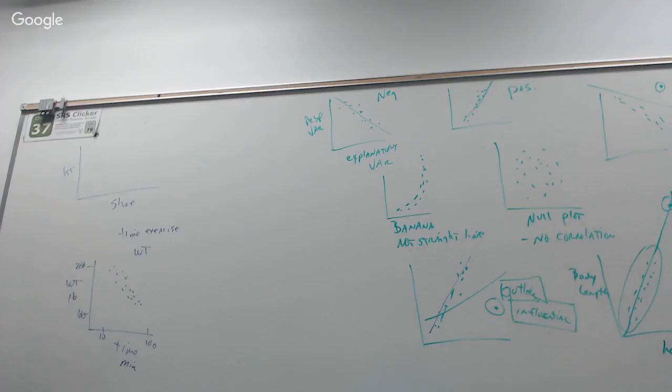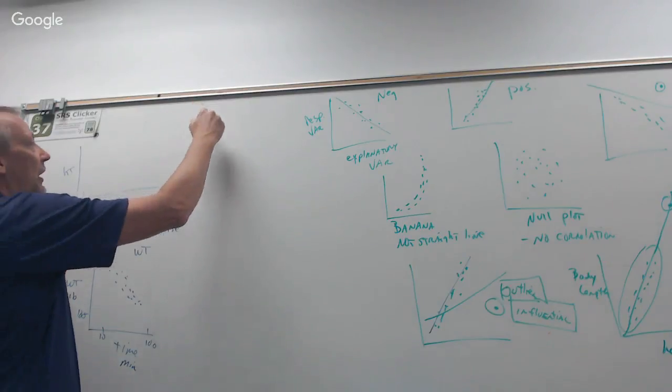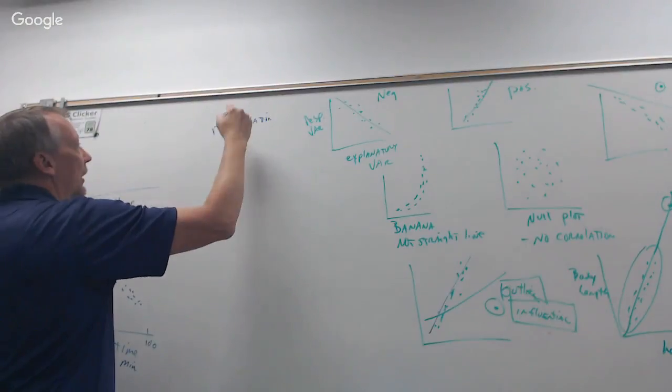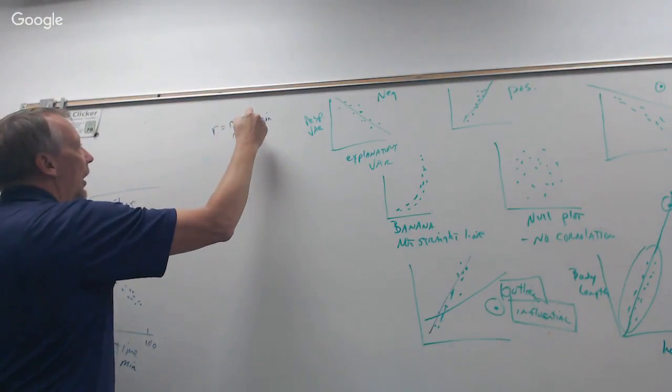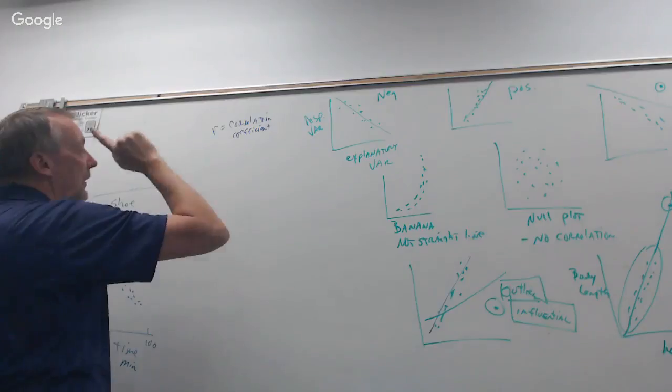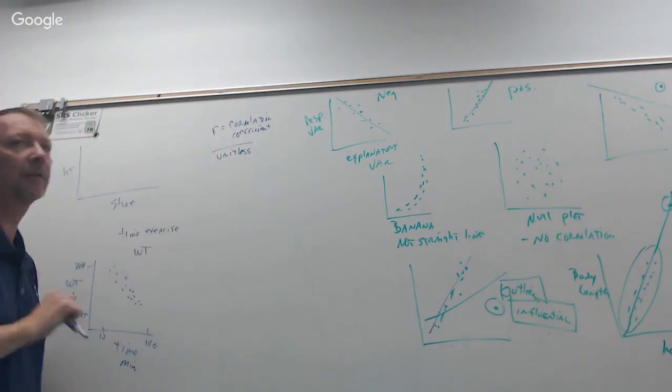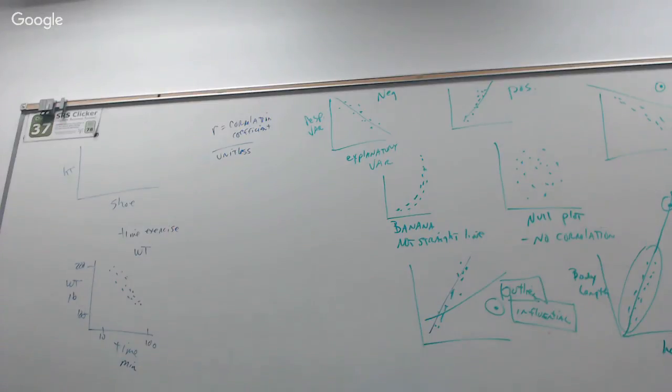So you can compare two variables that aren't the same units. One of the things about correlation, r equals our correlation coefficient, is that it is unitless. It doesn't care what your units are.